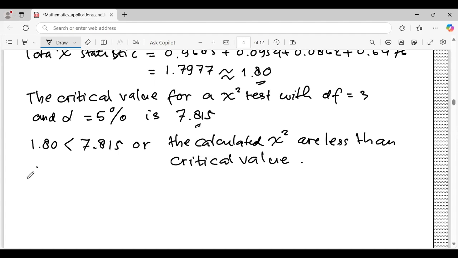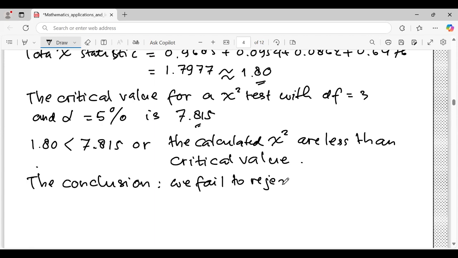And the conclusion, I would like to write in here: we fail to reject the null hypothesis.